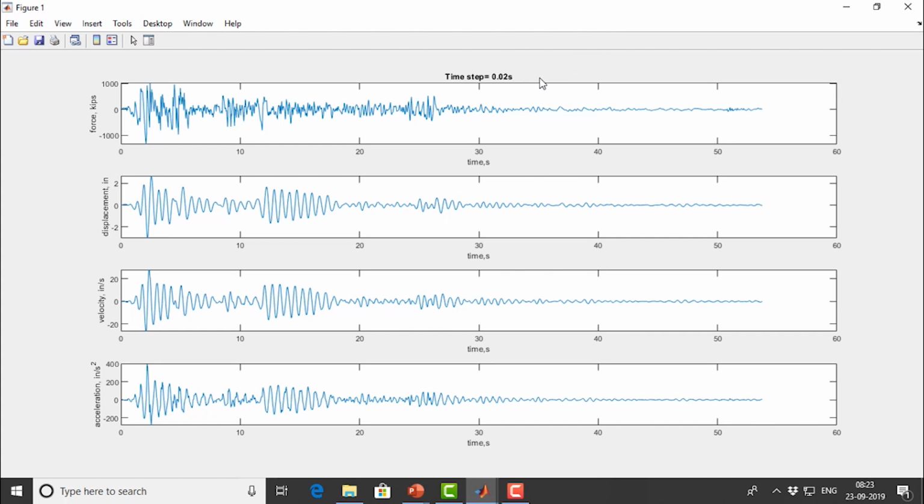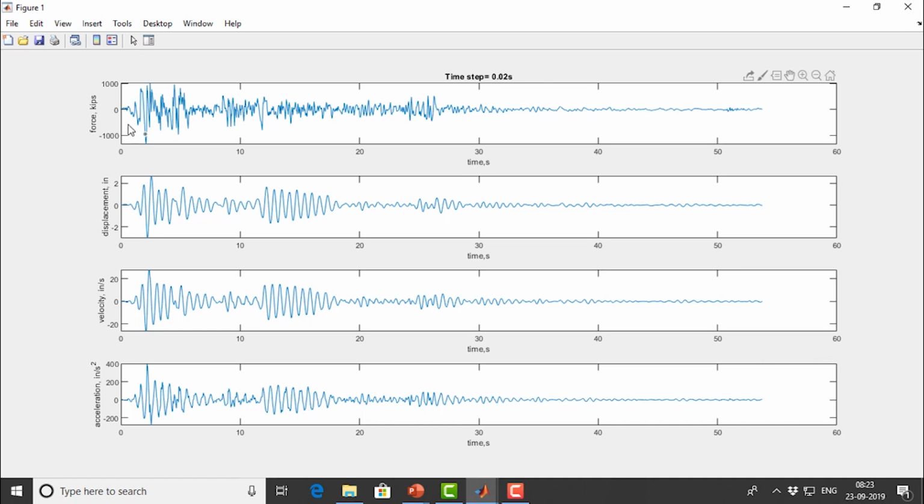The time step in this forcing function is 0.02 seconds. So this is how the force is varying. This is the forcing function, which is equal to minus mass times the ground acceleration. The displacement, velocity and acceleration are given by these curves.